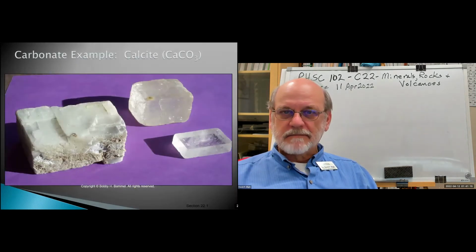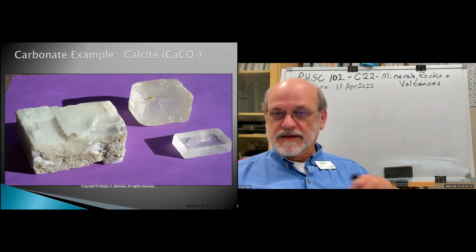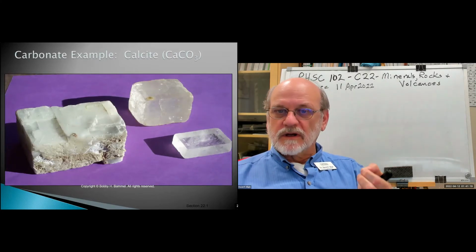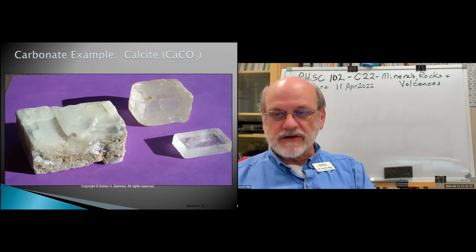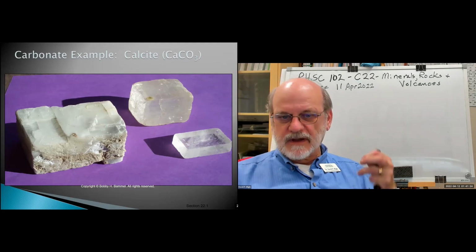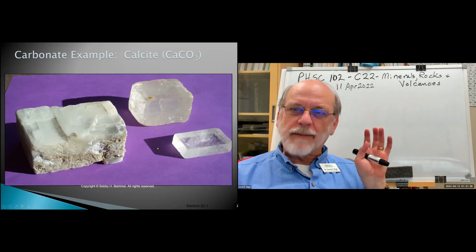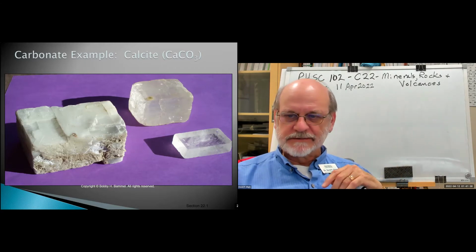Okay, calcite. Right? This is a particular mineral structure of calcium carbonate. And it has some interesting optical properties.